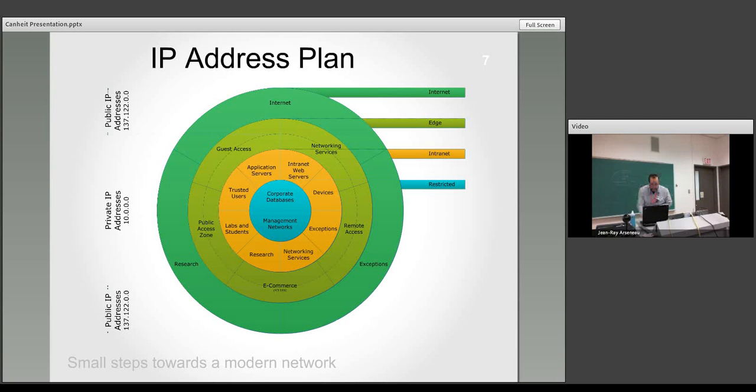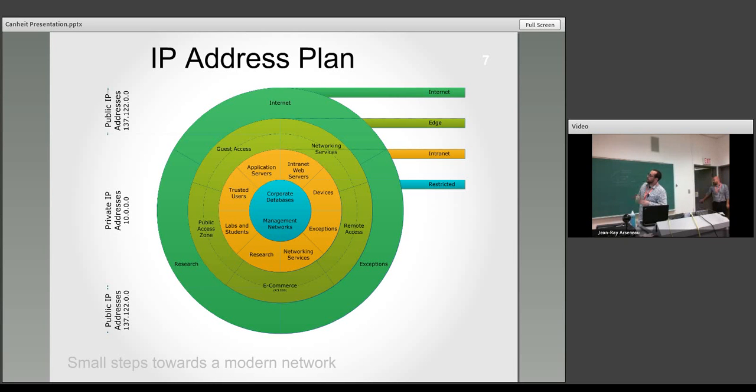In the intranet, we find a grouping of security layers that contains roles. The two groups are the trusted users and the devices. Here you can see an example of roles that we have defined. Typically, you'd have your IT staff, your admin staff, and professors. We also have labs and students.